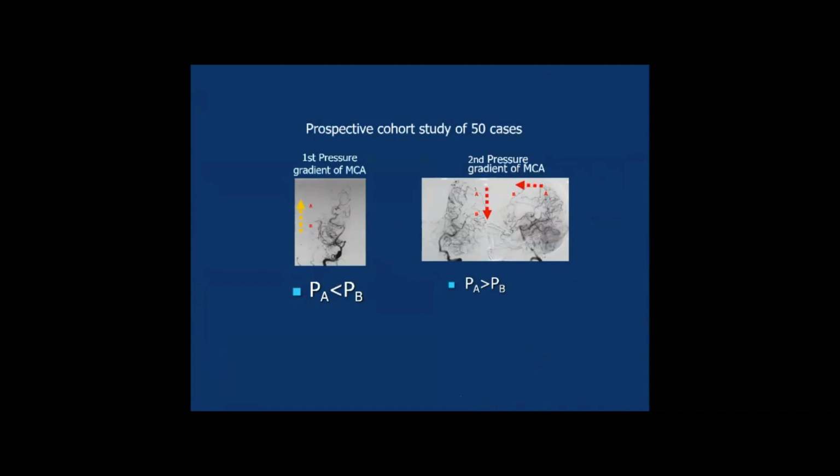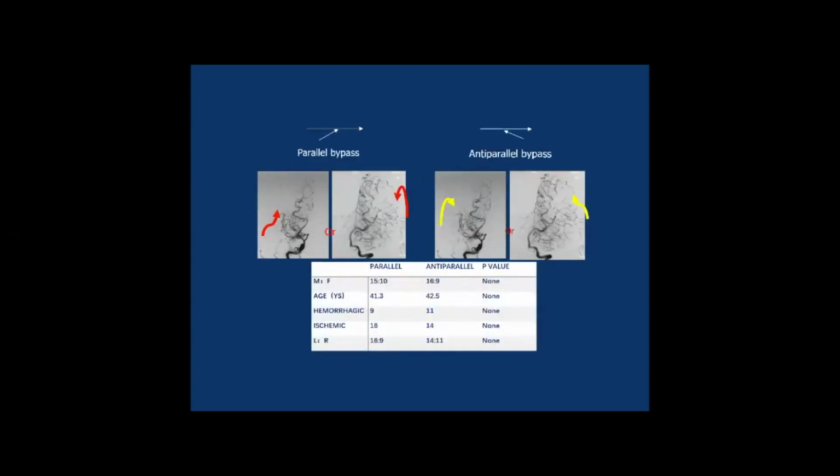We studied 50 cases comparing the first pressure gradient of MCA and the second pressure gradient of MCA. We used the parallel bypass and the anti-parallel bypass. The parallel bypass means the inflow keeps the same direction as the original flow. The anti-parallel bypass was a reversed way.